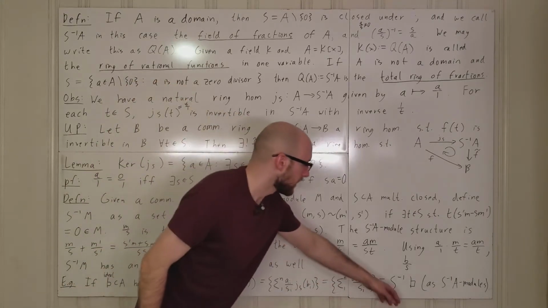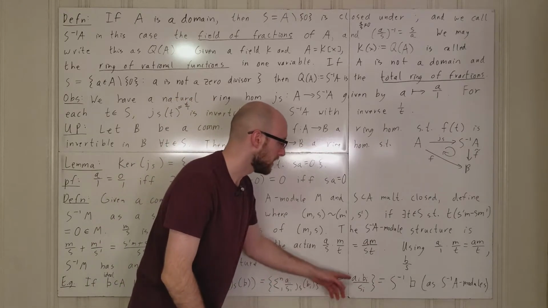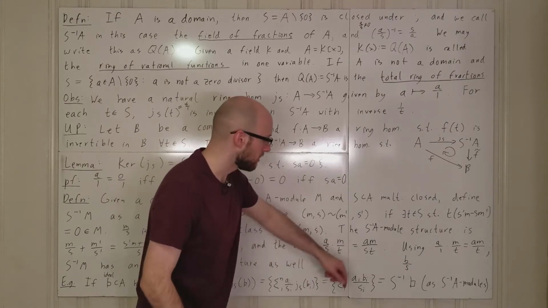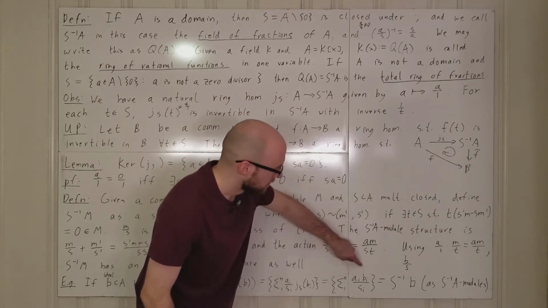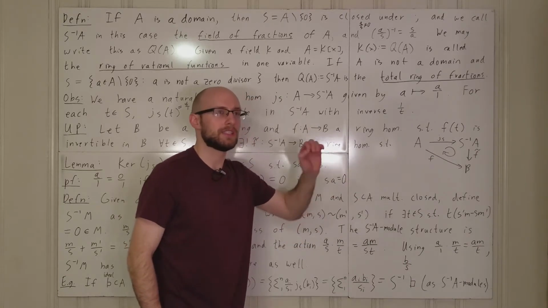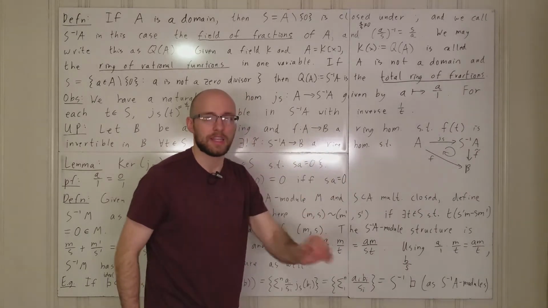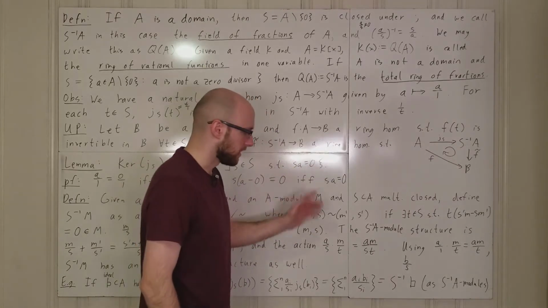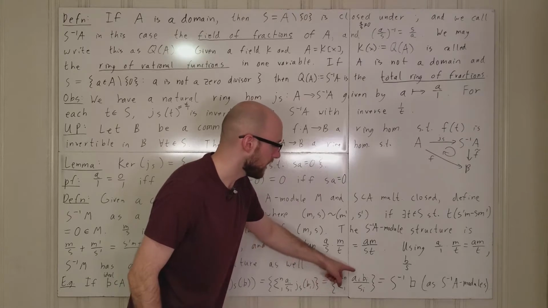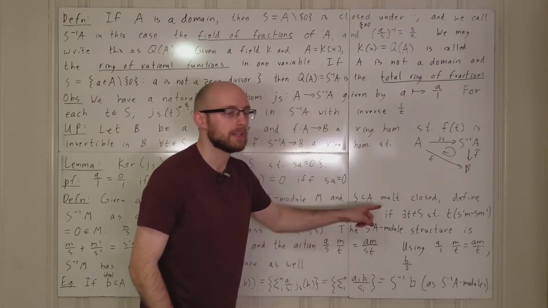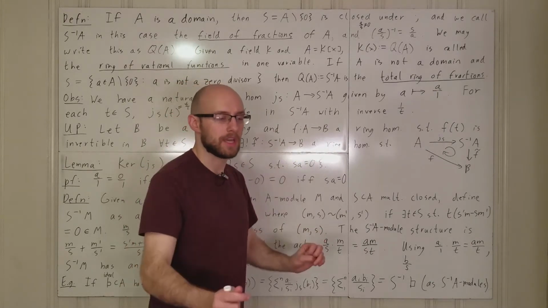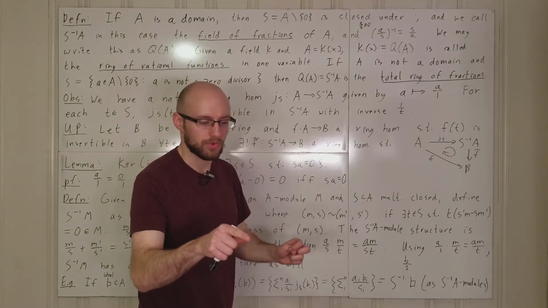That will be an element of S. And on the top, you'll have the sum from i equals 1 to n of a_i times b_i times the product of all s_j with j between 1 and n such that j is not equal to i.